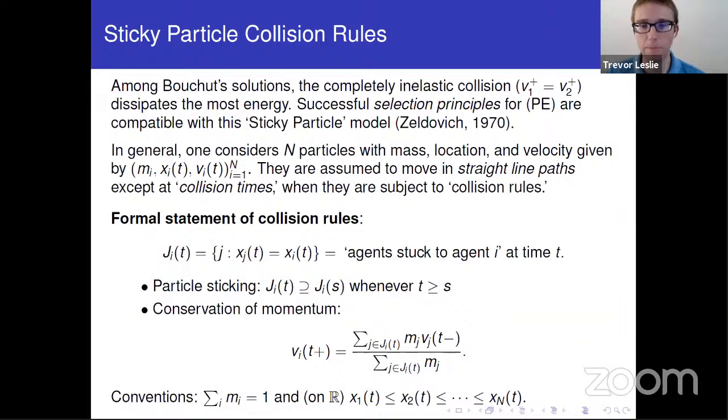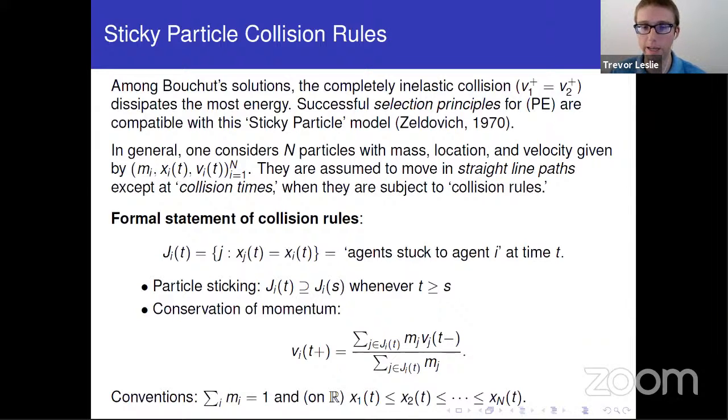We've got capital N particles of masses mi, positions xi, and velocities vi, and they move in straight line paths except when they collide. And when they collide, they stick together, meaning that this set j sub I of t, which encodes the set of indices j which are stuck to agent I, can't shed particles.